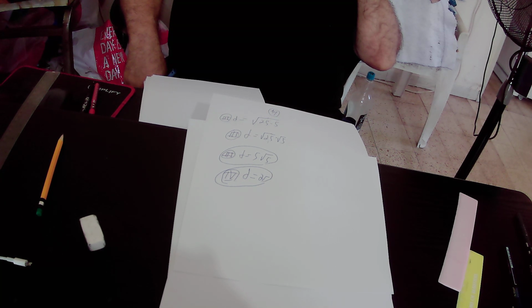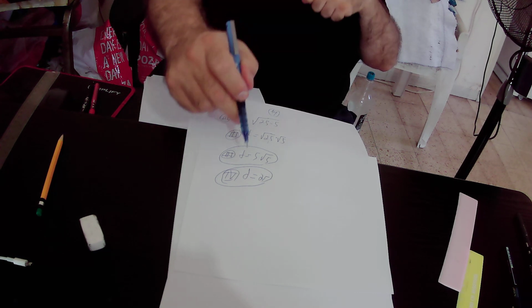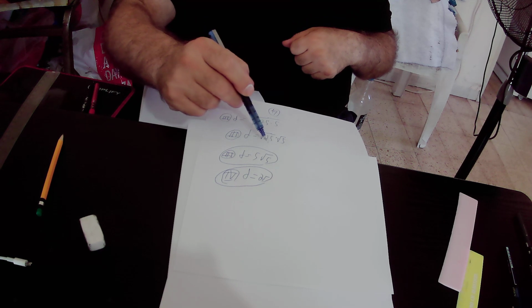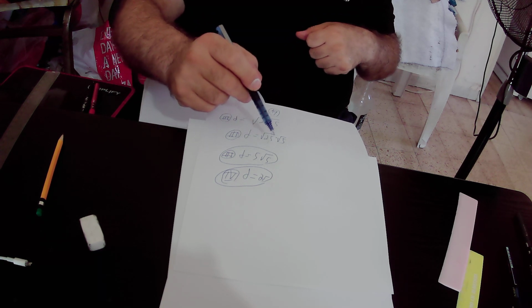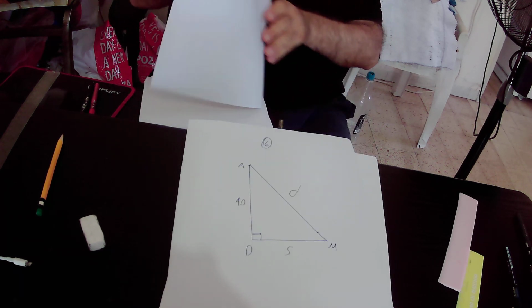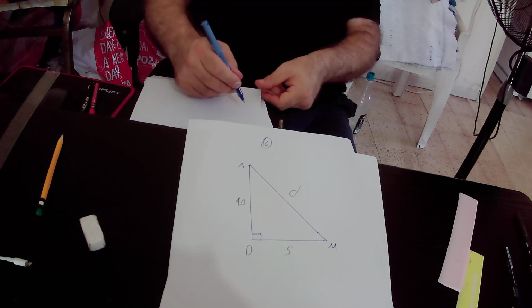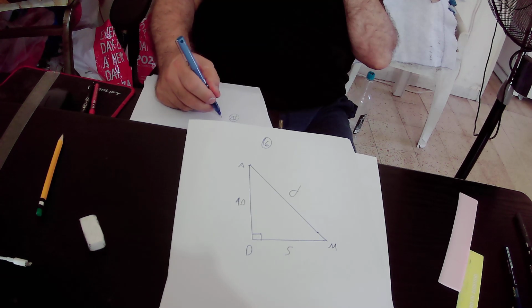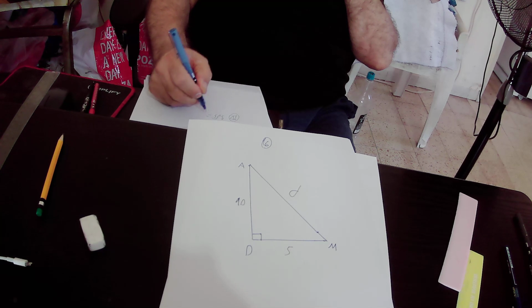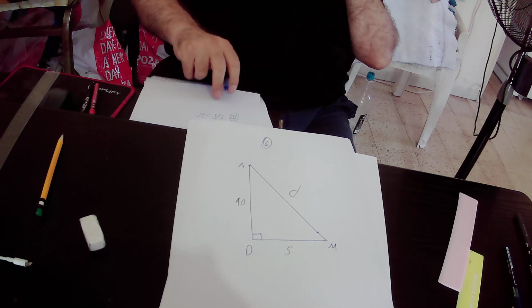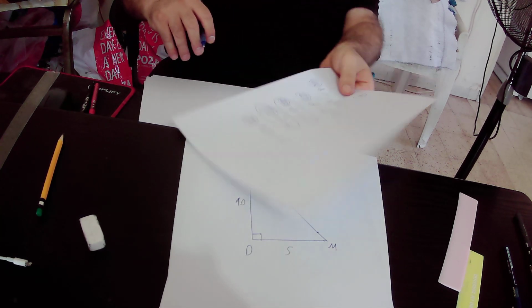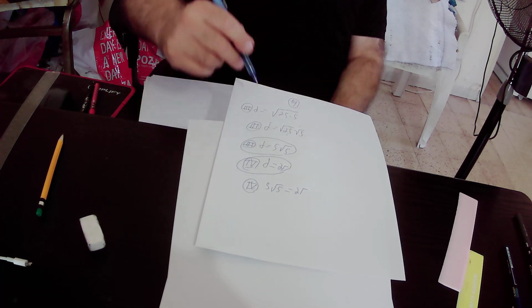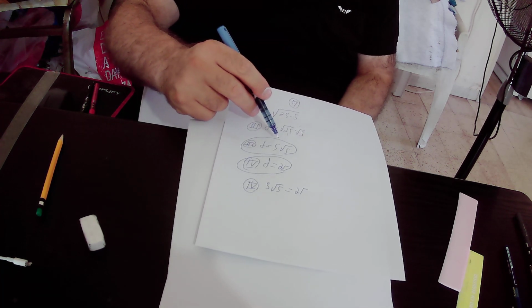So, actually we can substitute d in the fourth equation by 5 times root 5 because d equals 5 times root 5. So we substituted d by 5 times root 5.